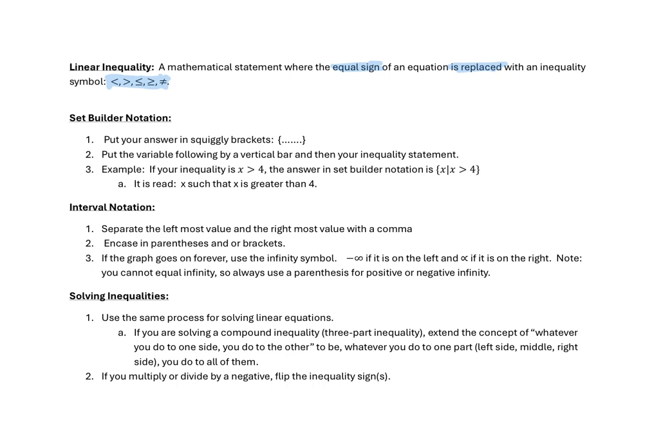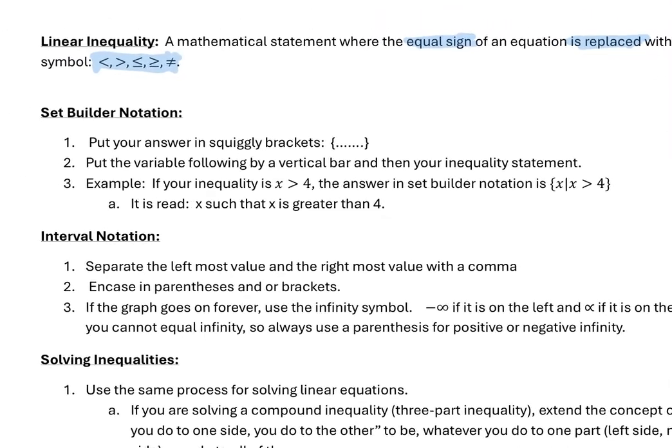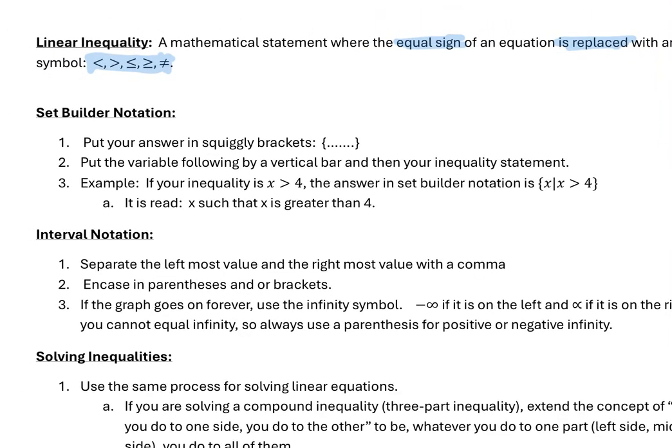All right, the first notation that we're going to talk about is set builder notation. Again, we talked a little bit about this in previous videos, but remember, this is the one that's going to have the squiggly brackets. In order to write it in set builder notation, we want to put the variable followed by a vertical bar, and then we're going to include our inequality statement.